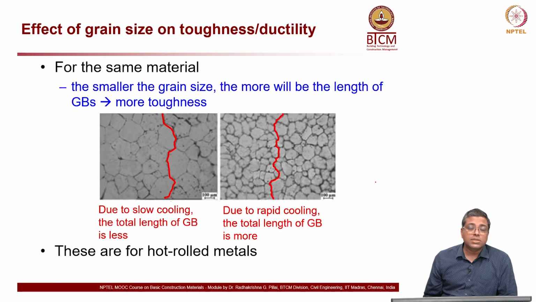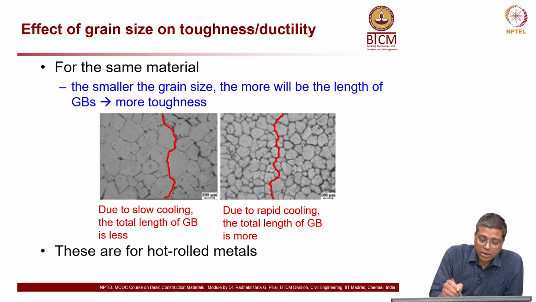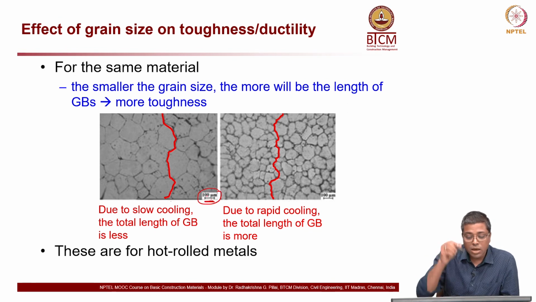Because of this, the size of the grain boundary has an influence on the toughness. We can say that. Now here, when you look at the left side micrograph, this is 100 microns. The length of this little straight line is about 100 microns.